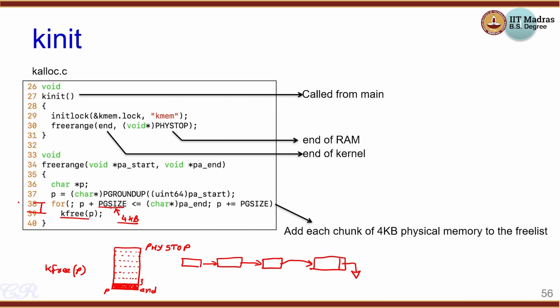Just to recall, in this function called freerange, we invoke kfree for every page frame present from end to physical stop. Thus at the end of this function freerange, we have every page present in the RAM as part of the free list.